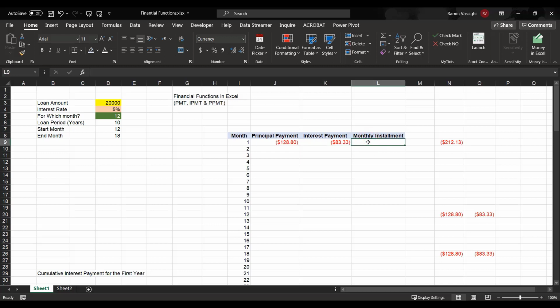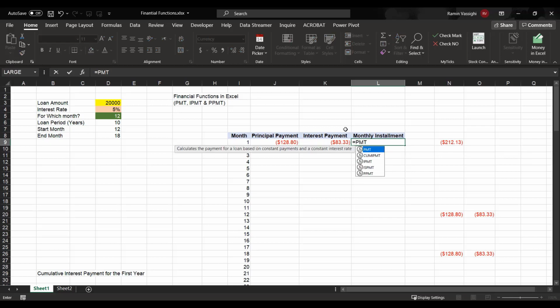And for a monthly installment, it should be the addition of these two, or what we are doing is using equal PMT, and again the rate will be divided by 12, your number of payments multiplied by 12, that gives us the total number of payments.